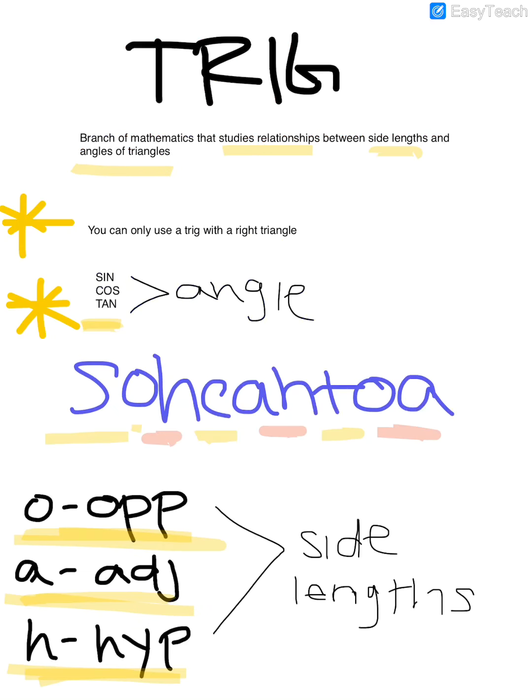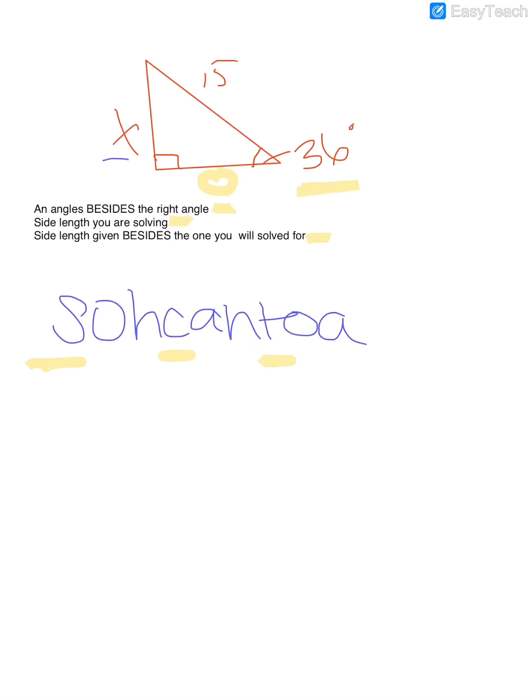And then we'll look at tangent, which includes O and A, opposite and adjacent. So we're going to look at our side length opposite of the 36-degree angle, which is x, perfect, and then adjacent, which is this one, and it is not given to us, which we established when we were looking for the adjacent in cosine, meaning since one of O and A is not given, we cannot solve using tangent either.